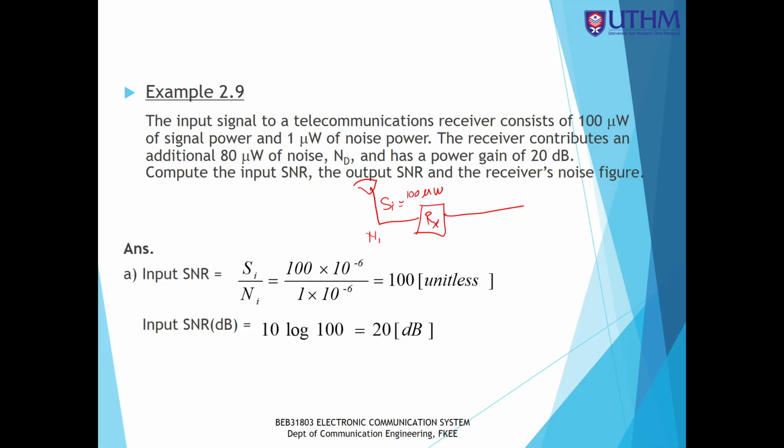So the input noise power is 1 microwatt. And then the receiver contributes an additional 80 microwatt of noise. The receiver produces its own noise of 80 microwatt.